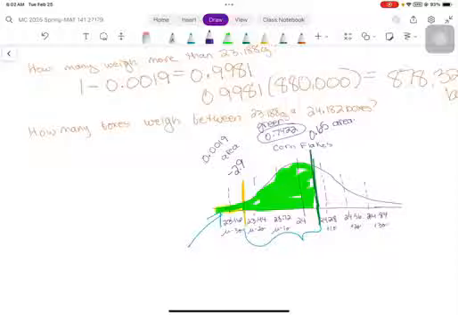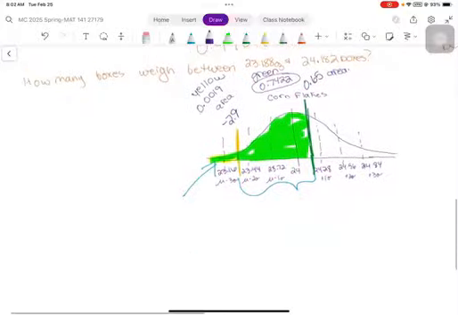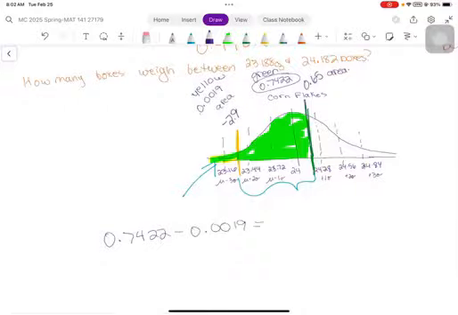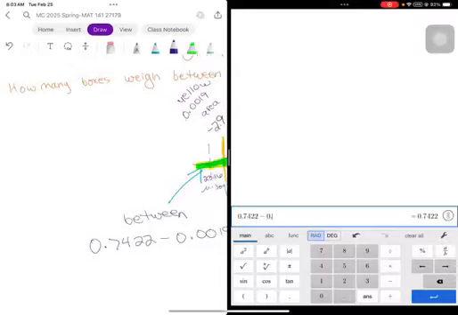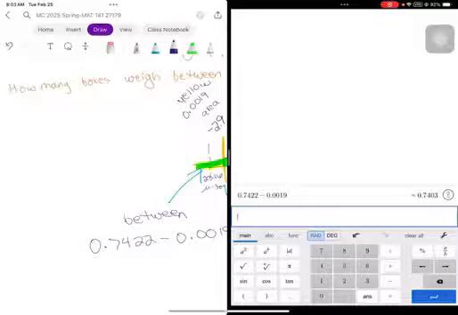This is the area in the yellow. If I want to find the weights between, I'm going to subtract those two: 0.7422 minus 0.0019, and that's going to give me the area between. I'll subtract those on my calculator: 0.7422 minus 0.0019, and I get 0.7403.